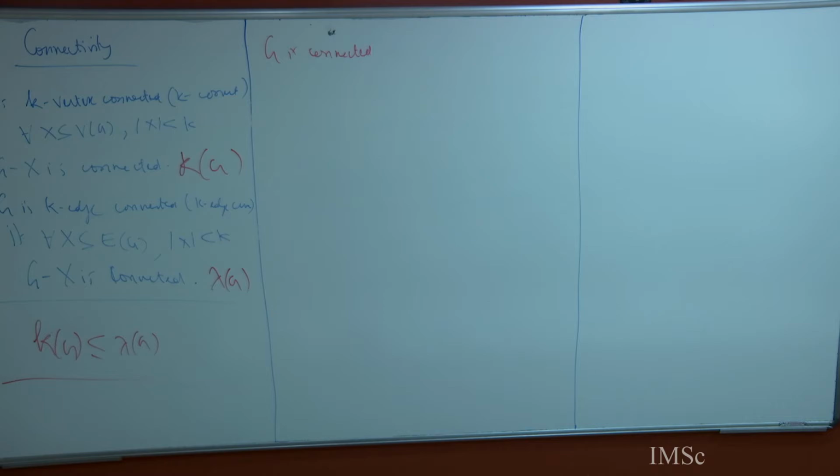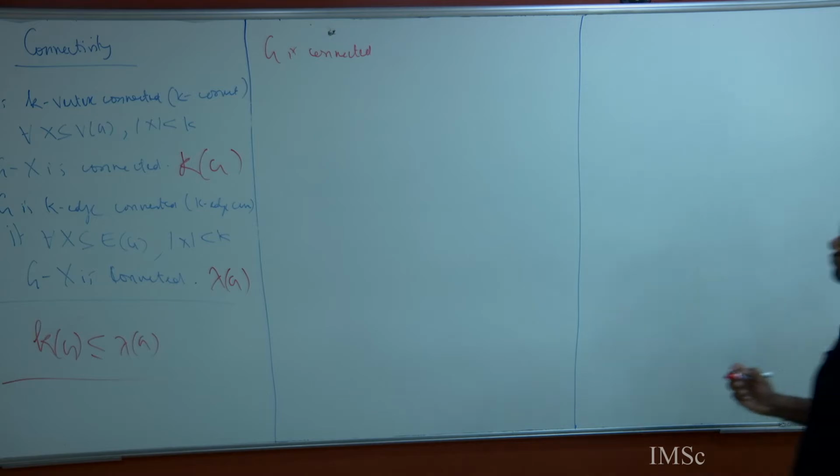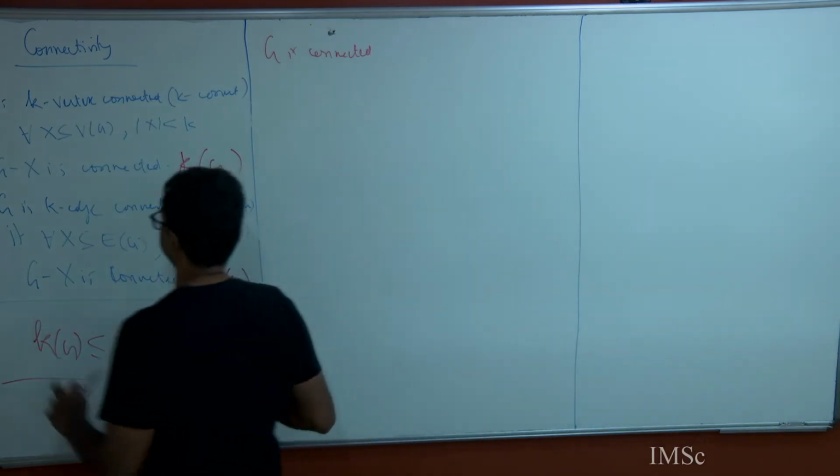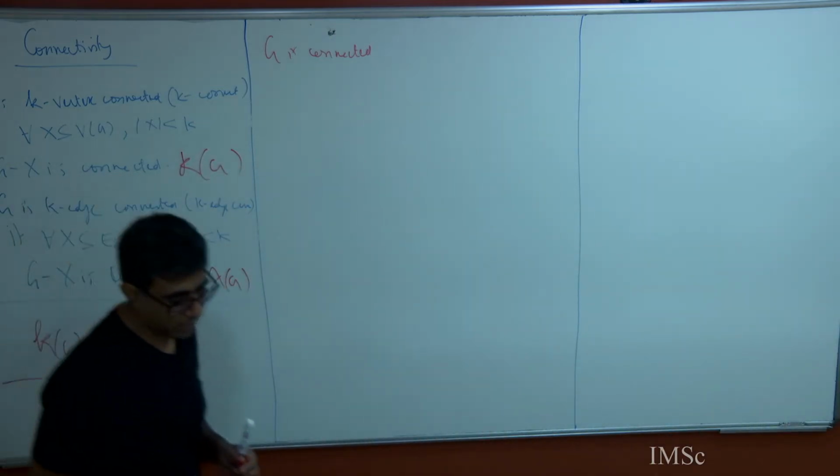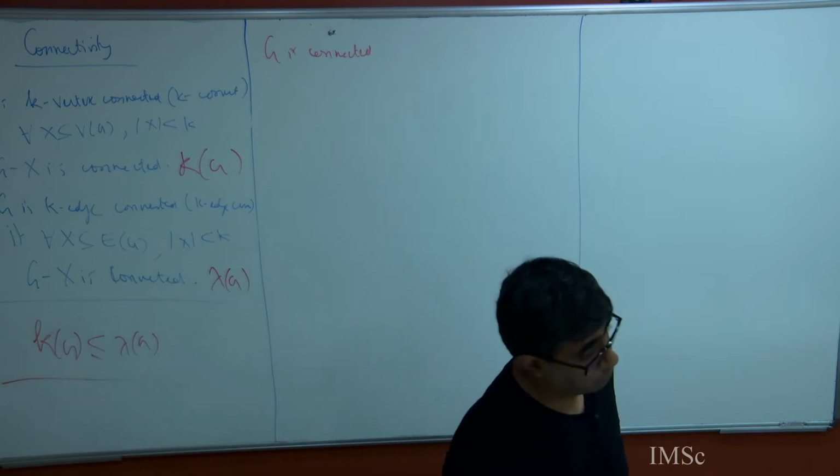What is the alternate way of telling connectivity? That from every pair of vertices, from one vertex to the other vertex, we can go by a path. So can we prove something very similar for two connectivity?